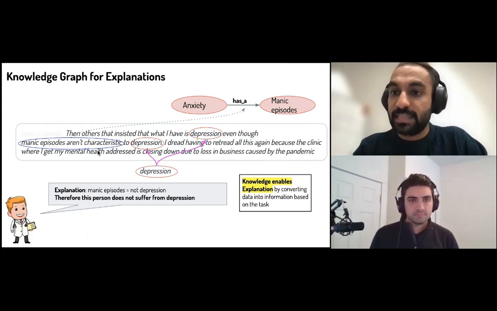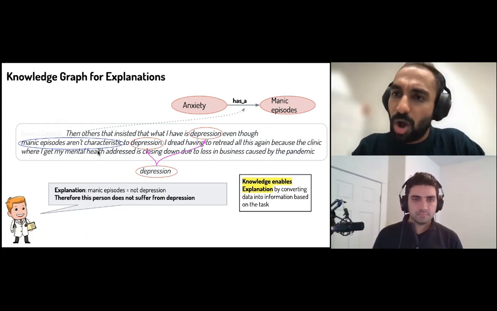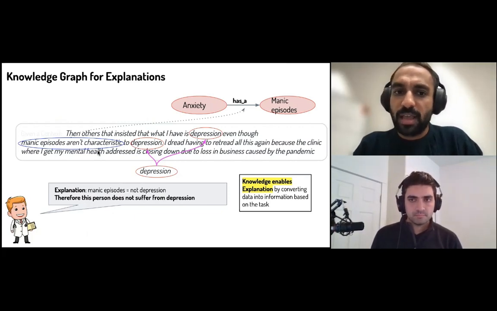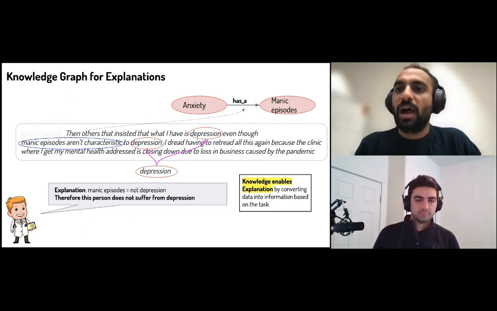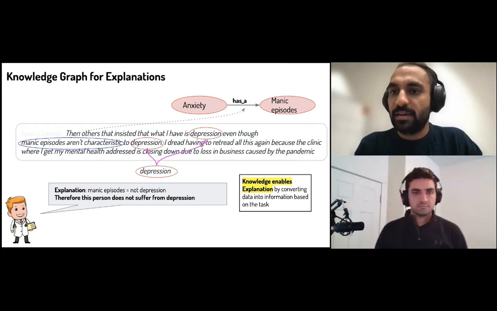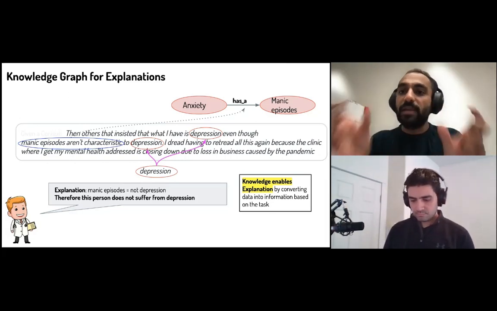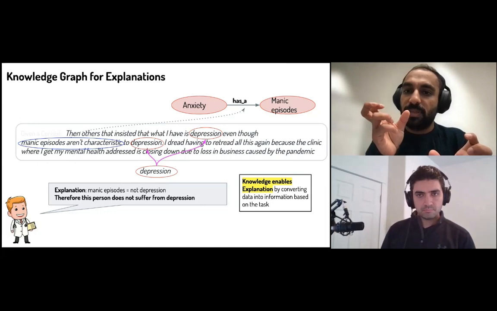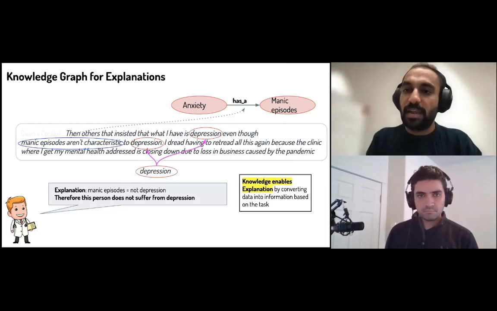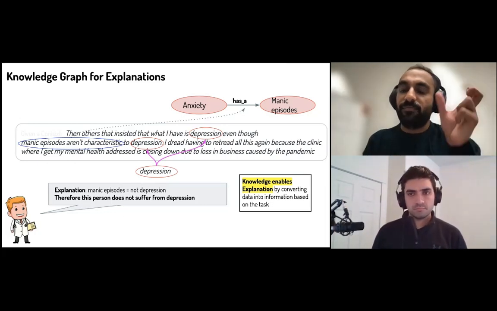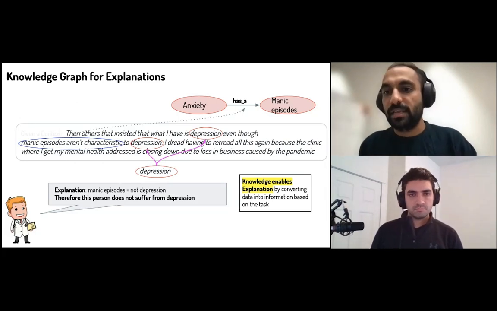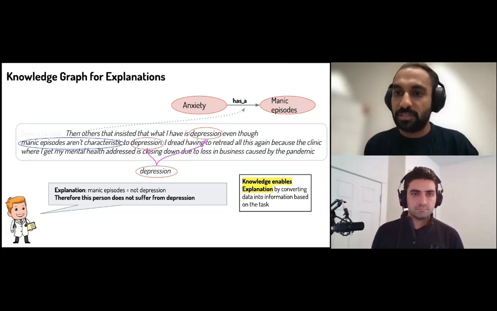"Aren't characteristics" is a negation, and among all the experiences that I have seen so far, I think regex is the best way of finding negations. So I found regex as the best tool to identify negation in sentences. Now, if I have two entities and there is a negation in the middle of them, I would definitely say that the first entity refutes the second entity. That means they do not have any connections.